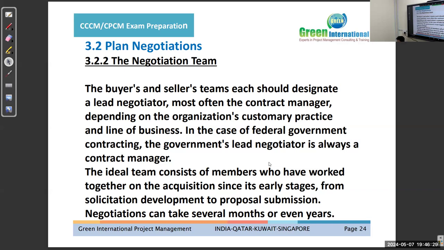Negotiation can take several months or even years. So depending on the contract, negotiation can have multiple phases: stage 1, stage 2, stage 3, like that. Then final negotiation, depending on the contract, the volume of the contract, and organization to organization. As long as the design is clear, from 3 to 4 stages, it must be completed.